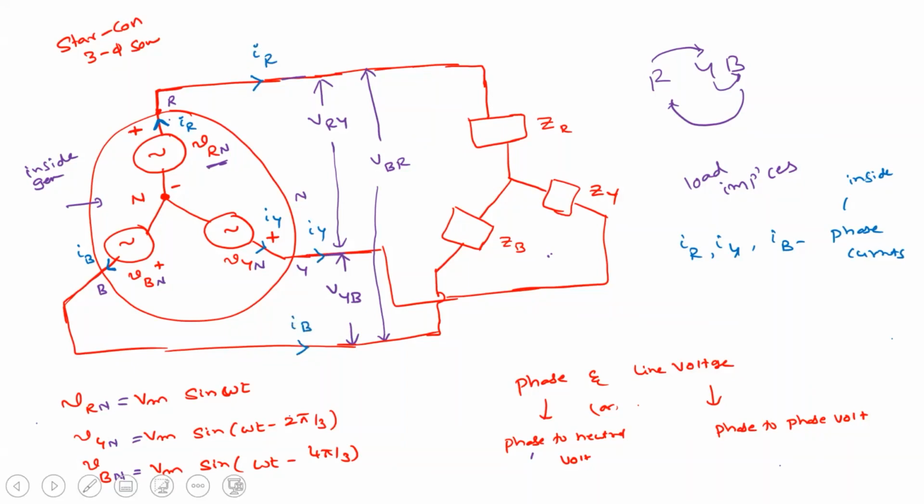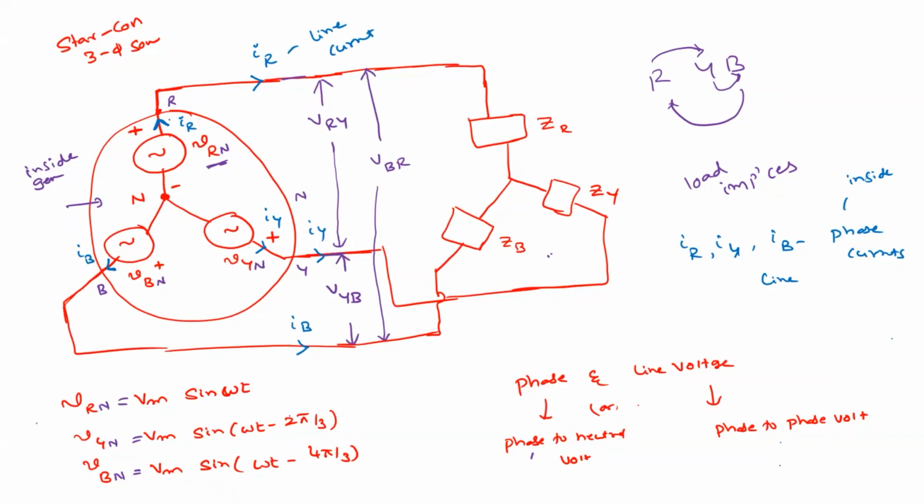But in case of star connection, these currents outside the machine are known as line currents: IR, IY, IB. Why am I denoting them with the same letters? Because it is a direct connection.